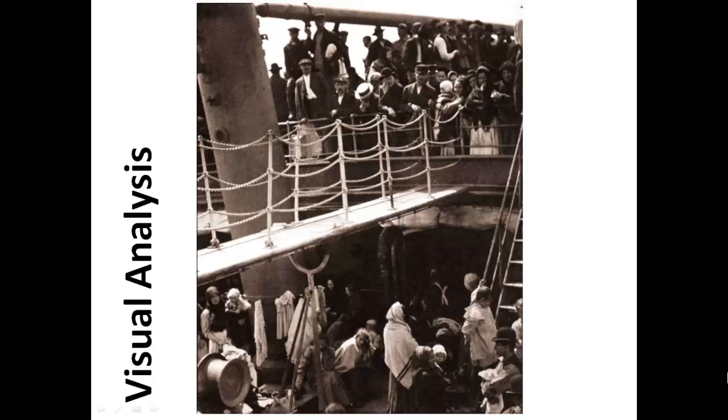While if you move down to the bottom of the picture, there are definitely people wearing dark clothes, but it is the people wearing light clothes that really stand out against the background. So there's a real play of dark against light at the top and light against dark at the bottom.